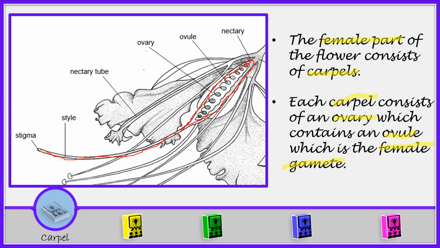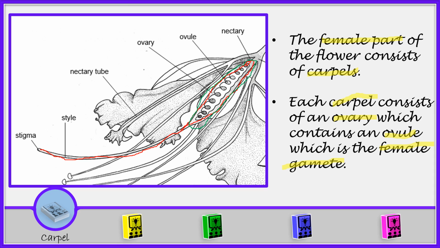So now we have our carpel, this whole part, and that carpel consists of the ovary. The ovary is this part here that we are having down.